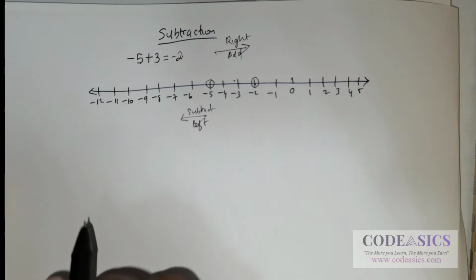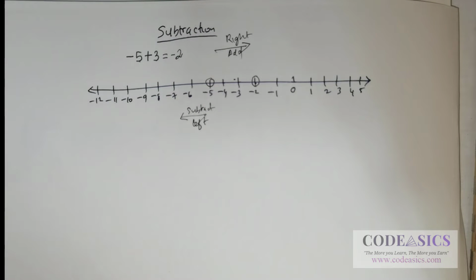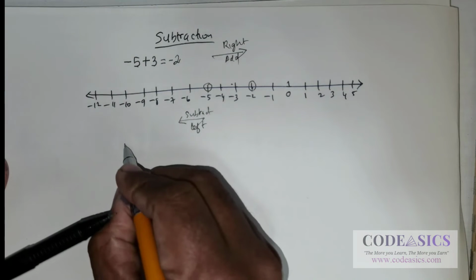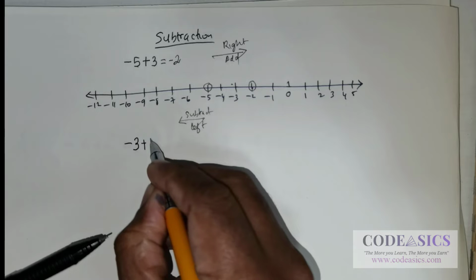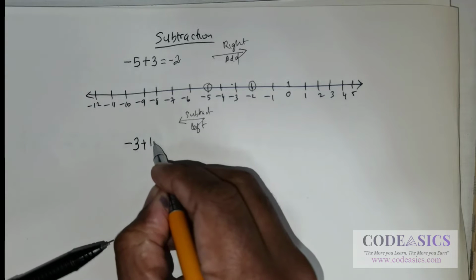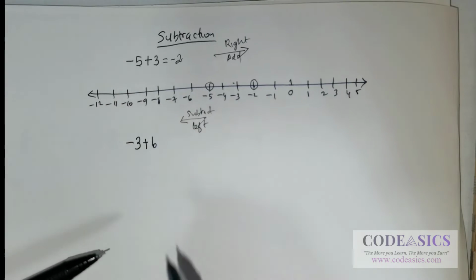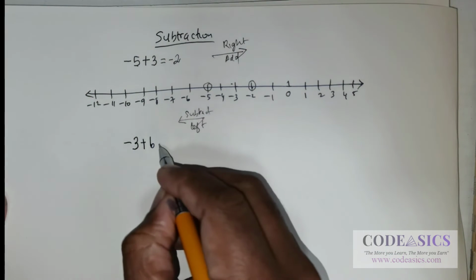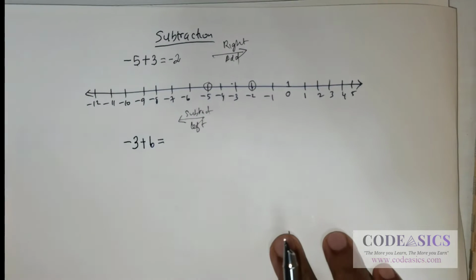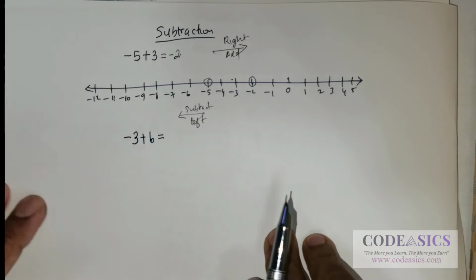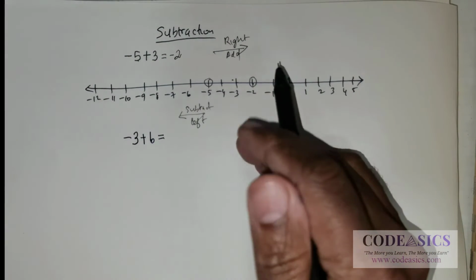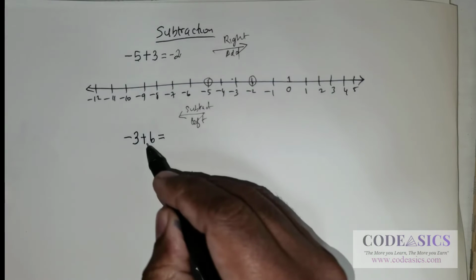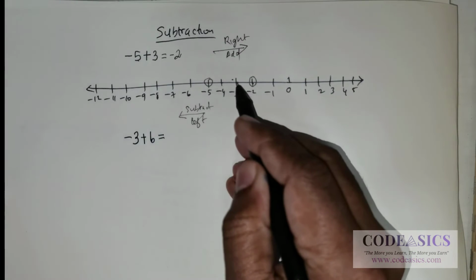Okay, next question. Suppose they are asking us to find what is negative 3 added with positive 6. So what would the solution be? Now go and look for -3 on the number line. Where is it? It's over here. Count 6 units.